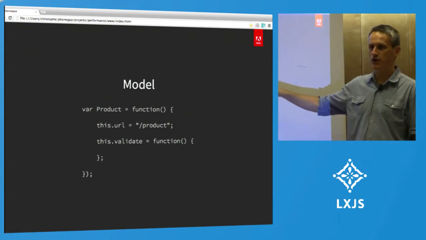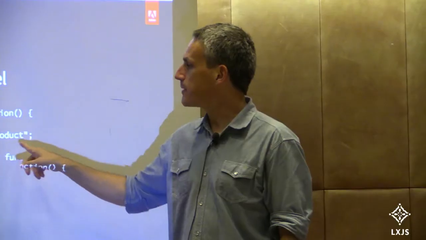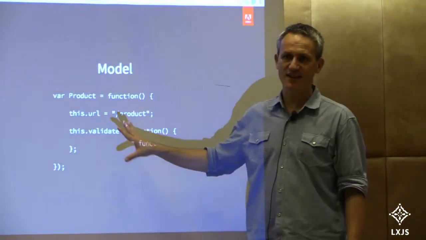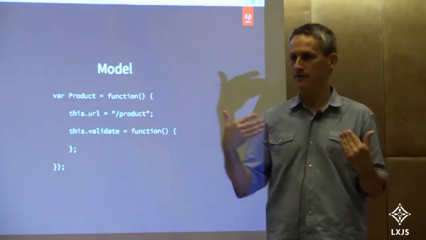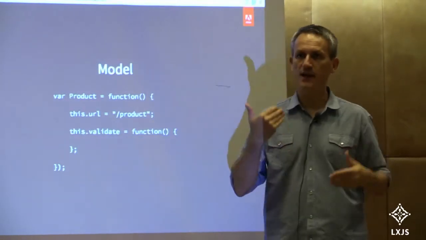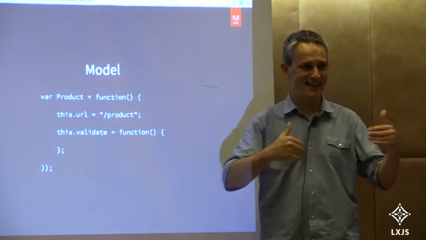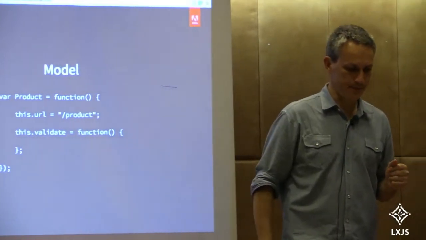This is essentially a constructor where you simply provide the REST endpoint. And based on that, this object would be capable of retrieving products, updating products, creating new products, simply by making calls to the REST services.